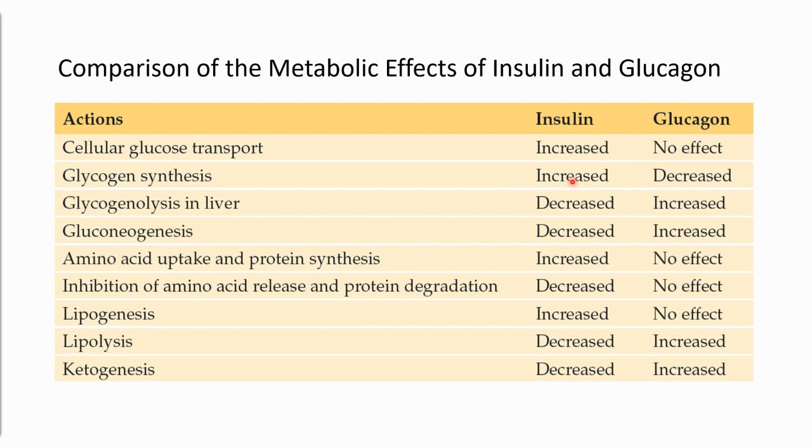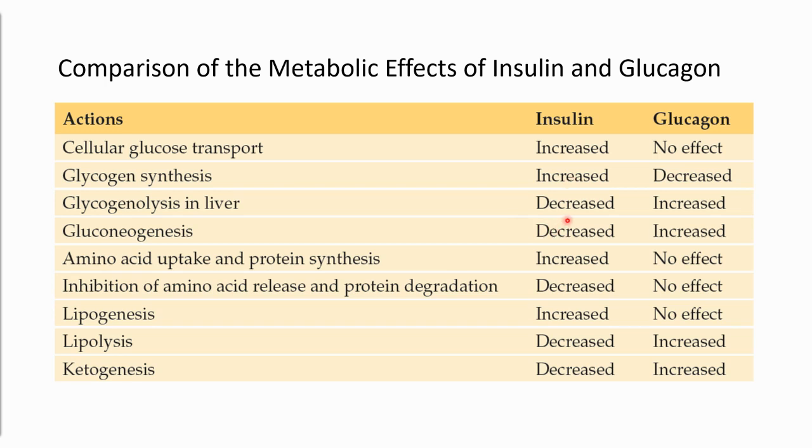Kasi nga po, pag glycogen synthesis, you're actually gonna be utilizing yung excess carbons or your excess carbohydrates. Okay? So, syempre, if you're going to store yung carbohydrates mo via glycogen, it's the opposite of glucagon.